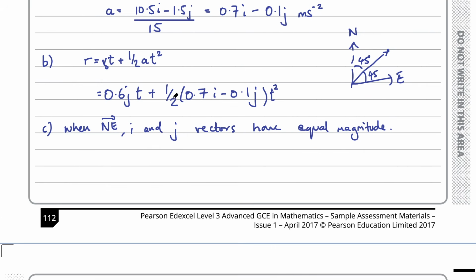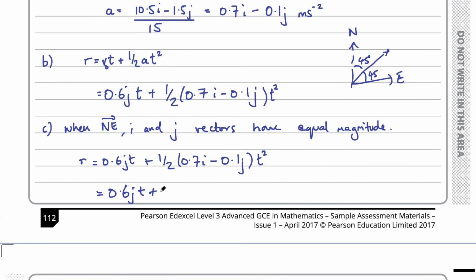We know from part B that the position r is equal to 0.6j t plus a half (0.7i minus 0.1j) t squared. Firstly, I'll just simplify this a little bit. So expand these brackets out.